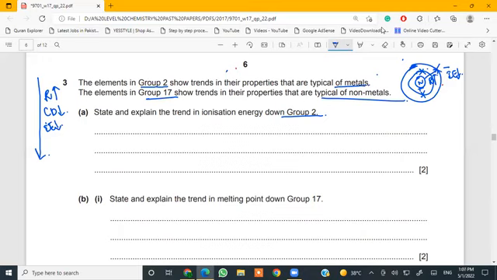Anyway, so we need to state and explain the trend. So I'm going to write this down over here. Since going down the group, atomic radius increases, and atomic radius is one of the most important points that you need to mention in your answers. Atomic radius increases down the group, due to which the charge density decreases.